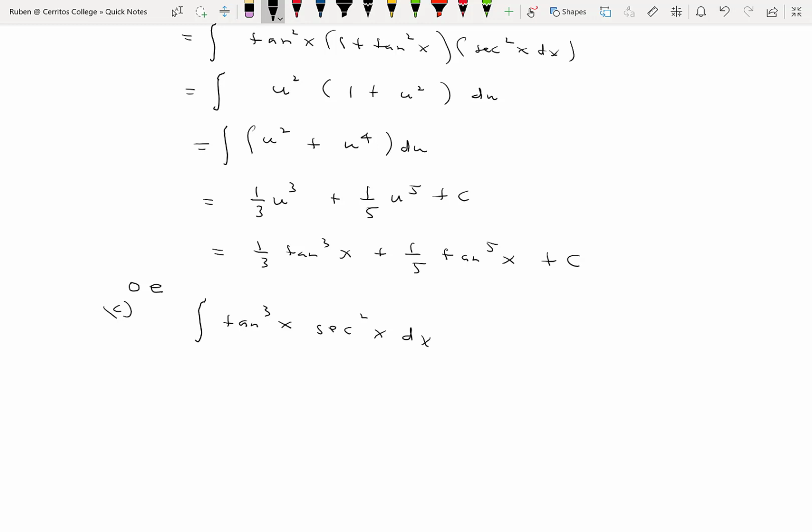I still claim that u equals tangent, du equals secant squared. Make the substitution. In this case, it's direct. It's very simple. So this becomes u cubed du. My goodness, that's so simple. This is 1/4 u to the 4th plus a constant, or 1/4 tangent to the 4th x plus a constant.